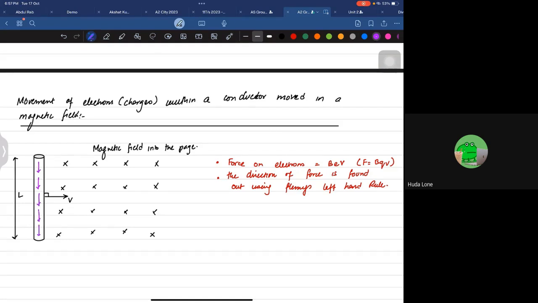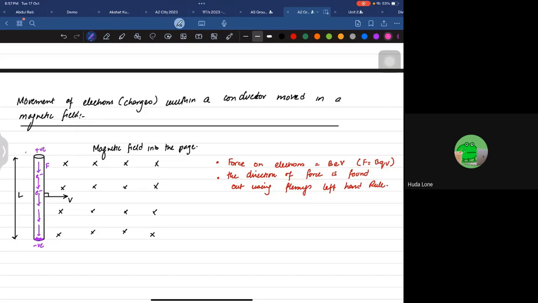Because of this force, when the electrons move downwards, they tend to make this end negative and this end relatively positive. Do you get it?